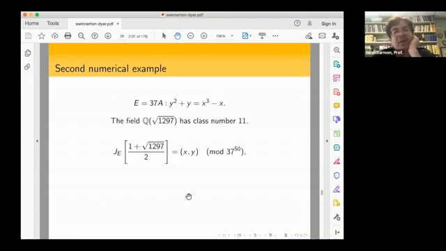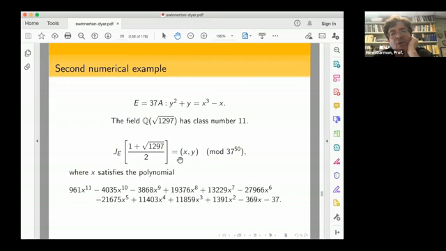And here one can compute the value of the corresponding rigid analytic plus cocycle on this RM point, and one gets a pair x, y where the coordinate x appears to satisfy this polynomial of degree 11 with relatively small coefficients.